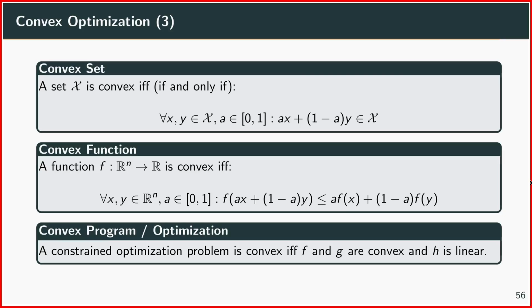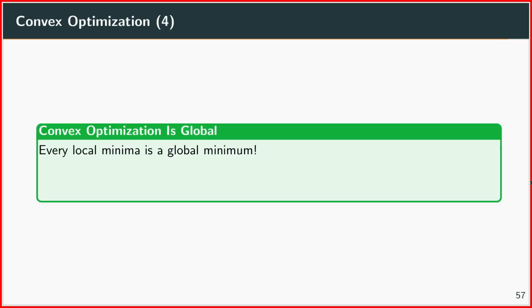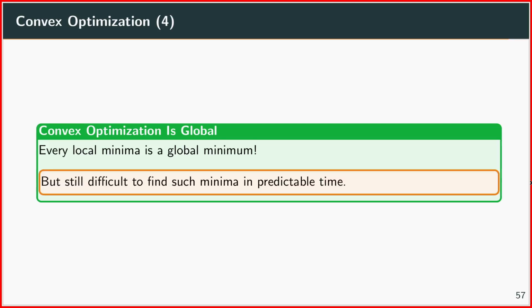Okay, let's get back to convex optimization. The reason why we're actually interested in convex optimization is because this is global, it means that every local minimum in your optimization problem is actually a global minimum. So there's basically just one global minimal solution, and it is usually pretty good to have this guarantee.